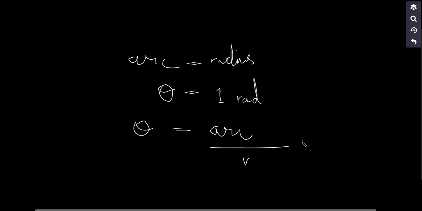If arc and r are same, let's say arc is x, r is x, then theta is 1. Theta is 1 rad when we measure in terms of arc and radius.